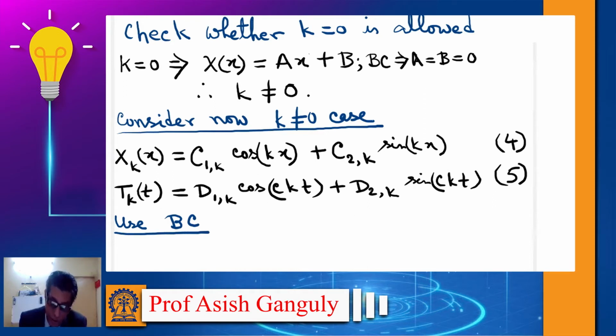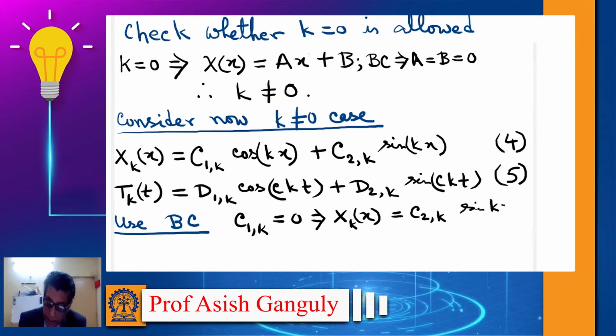Because the left side is 0, of course that means you are getting C1k will be 0. Okay. So that means this eigenvector will contain only the sine term, C2k sin kx.